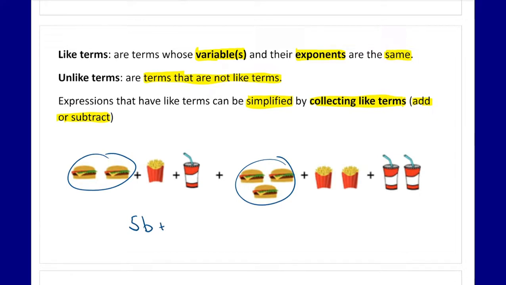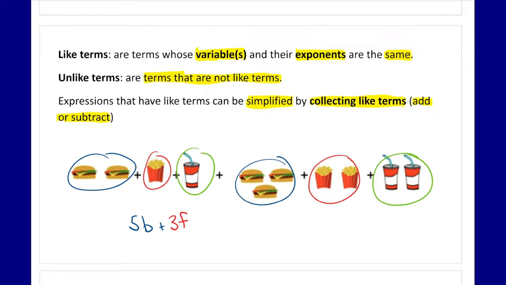Plus, I can combine my french fries together. So 1 french fry plus 2 french fries is 3 french fries, or 3F. And then finally, I can put the pops together and say 3 pops, or 3P.